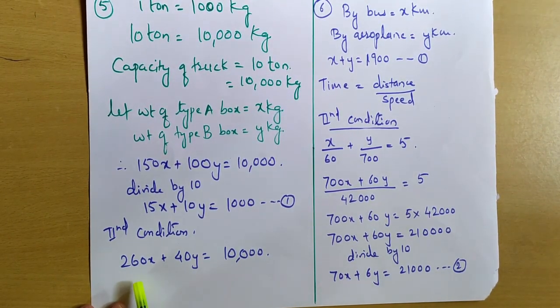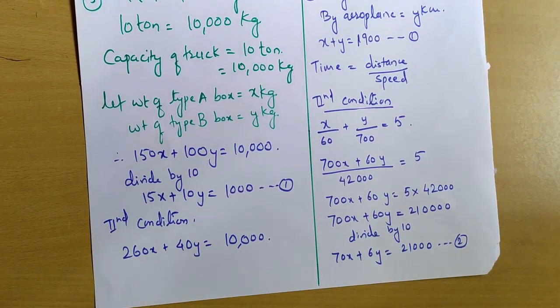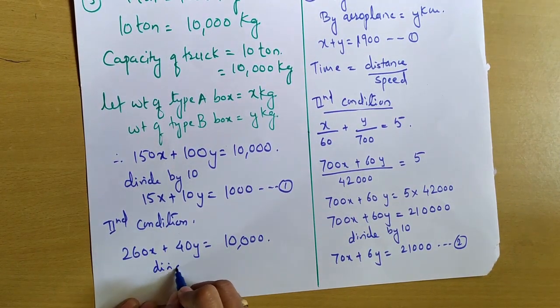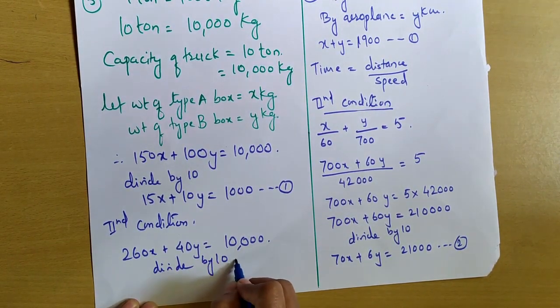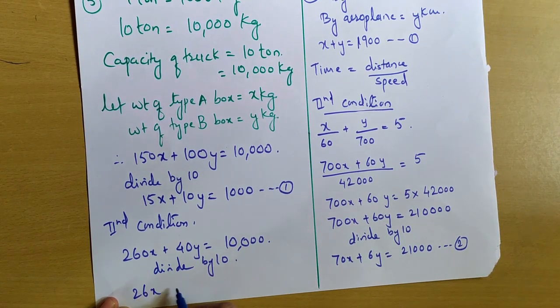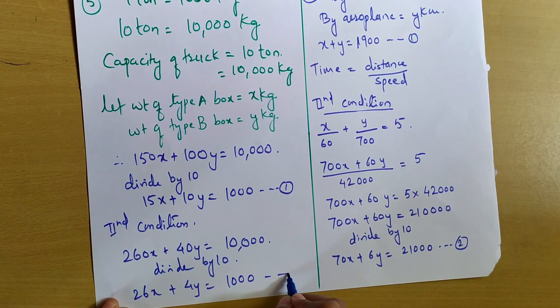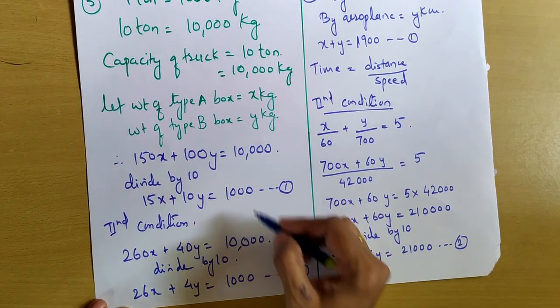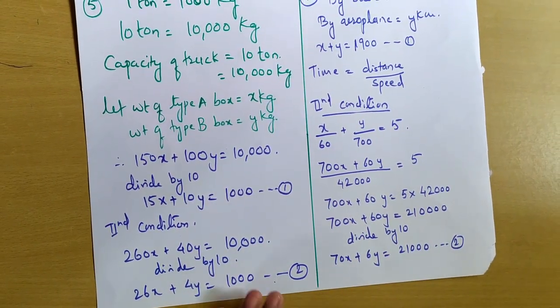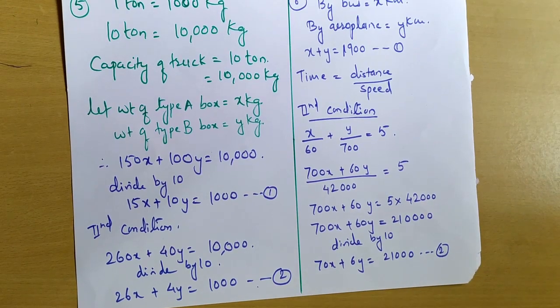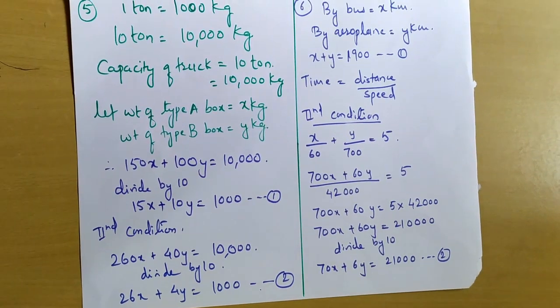So here also you can divide by 10 to reduce the equation. You will get 26x plus 4y is equal to 1000. Equation second. Now solve these two equations simultaneously. Now the last example, that is sixth example.